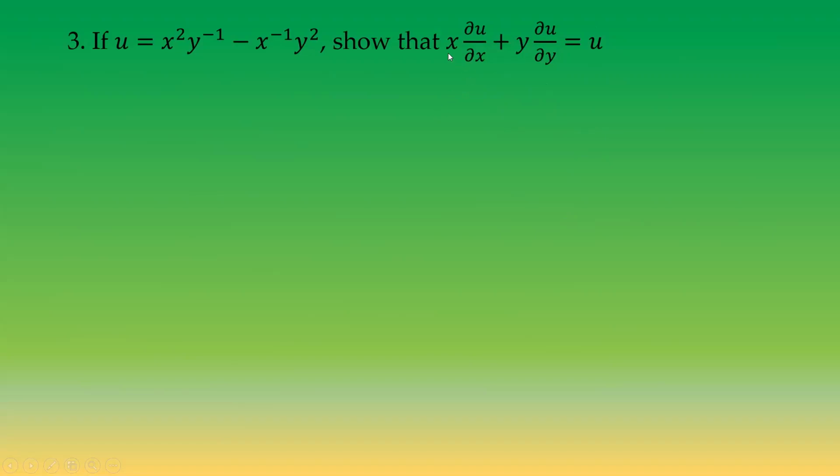So dapat yung x, pag multiply sa partial derivative ng u with respect to x, at i-add natin yung y multiplied by the partial derivative of u with respect to y, equal dapat sa u sa ating given equation. Simulan natin.